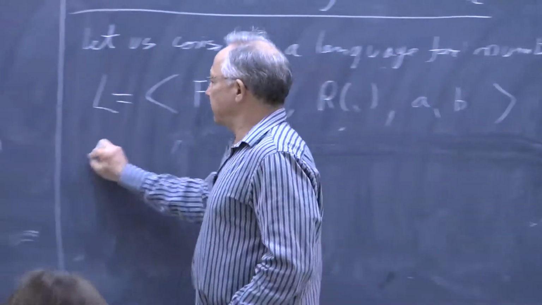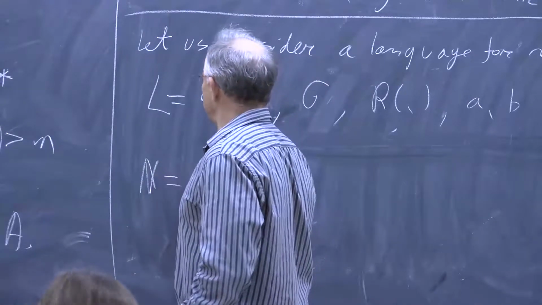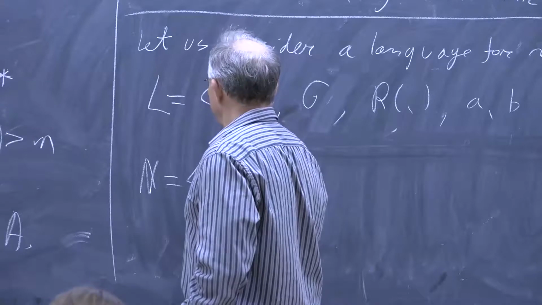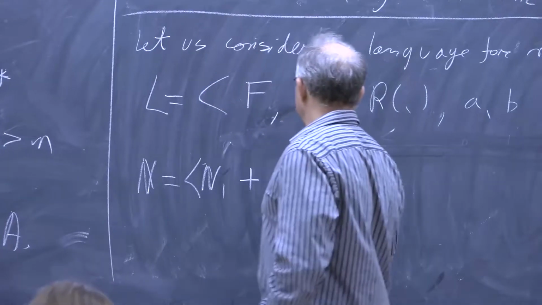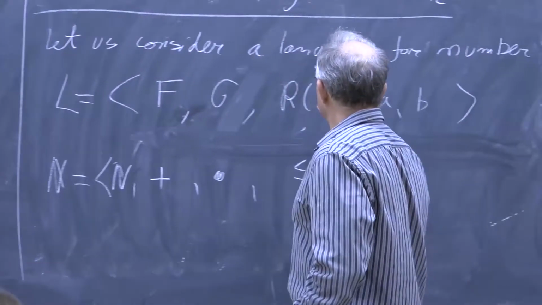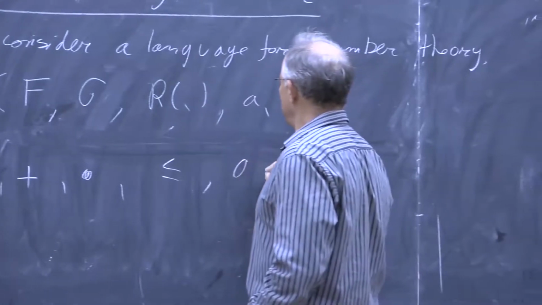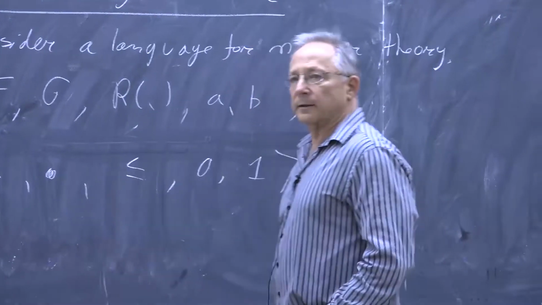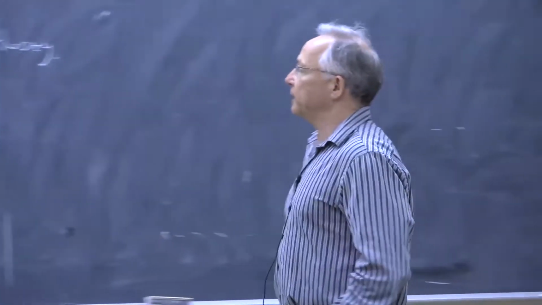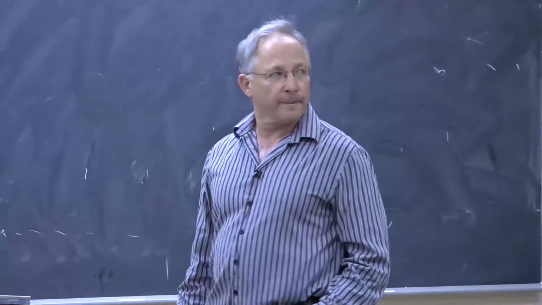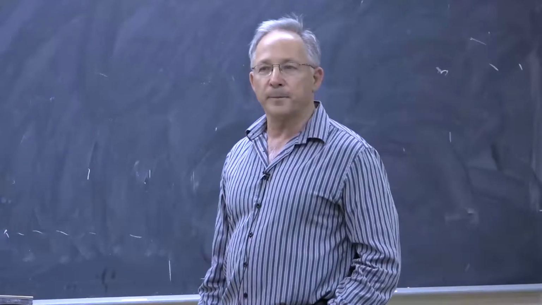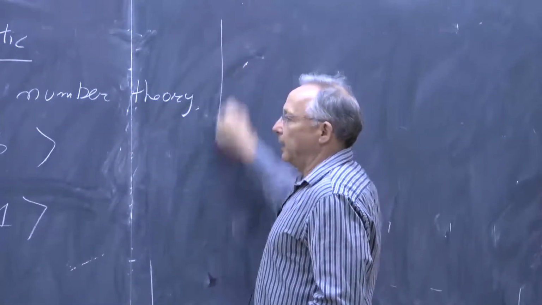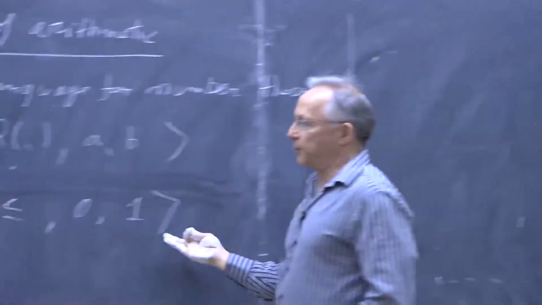And let the model of the natural numbers consist of the universe is the natural numbers, f is plus, g is times, r is less or equal than, a is 0, and b is 1. So now I'm looking at a specific structure for this language. And now I want to describe this structure.